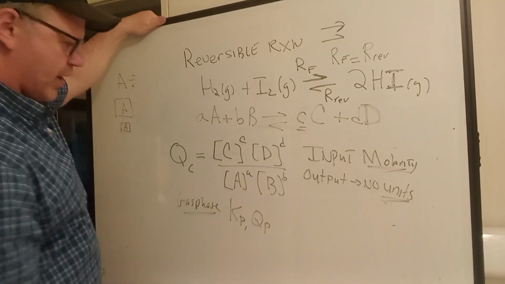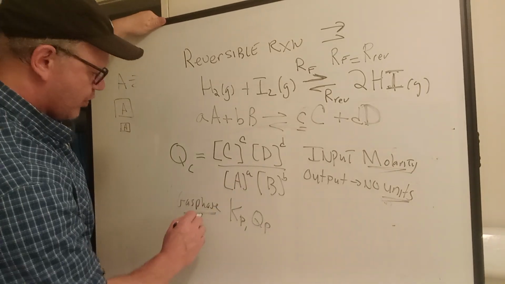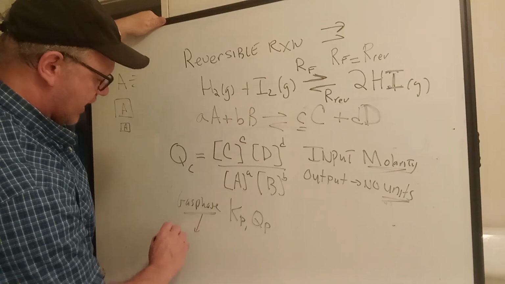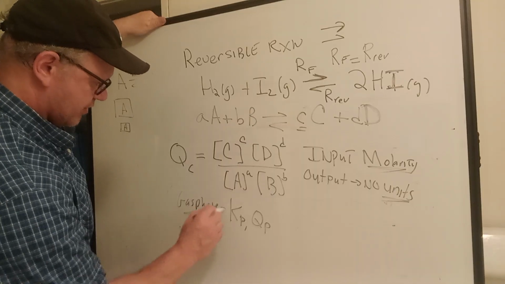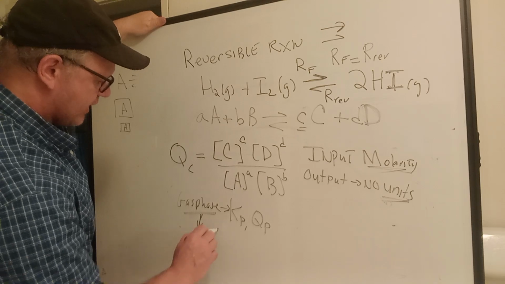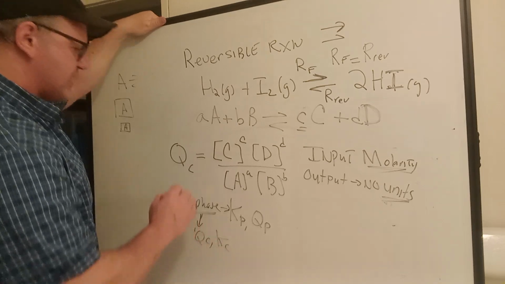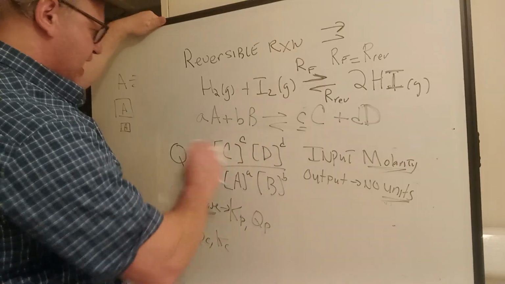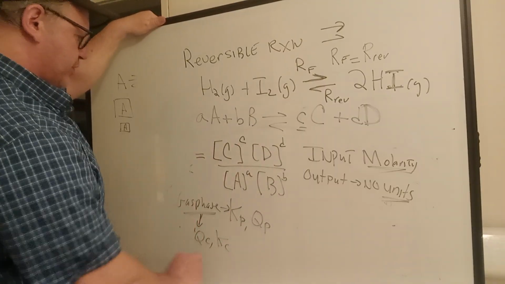So for gases, we can do it with the KP, QP set, but we can also do it with QC and KC. KC looks the same as this, except it's at equilibrium.